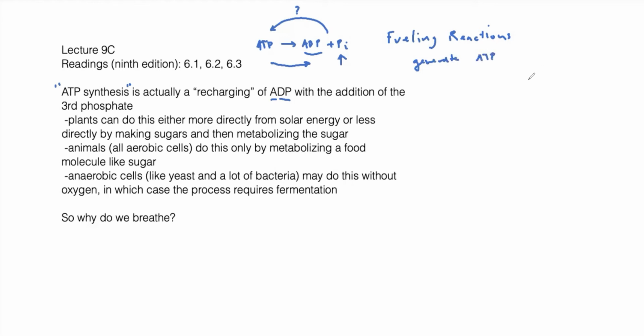And by that, I mean, of course, using ADP and phosphate and putting that phosphate on to create the stored chemical energy that we have in the form of ATP. Okay? And there are really two ways we can do this. We can do this using light energy, or we could do this using other forms of chemical energy. So the fueling reactions might have one of two sources of energy: energy from light, or energy from chemicals.